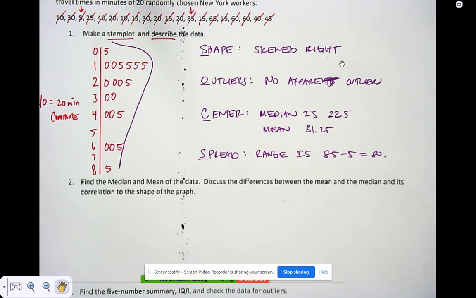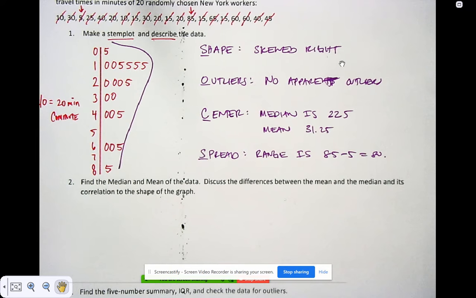Now, as I talked about on a quiz, stats is about writing sentences. People who are good in English do really well with statistics because they can contextualize things. On an actual assessment, you don't want to say just skewed right. You want to say the distribution of commute time for the New Yorkers is skewed to the right.